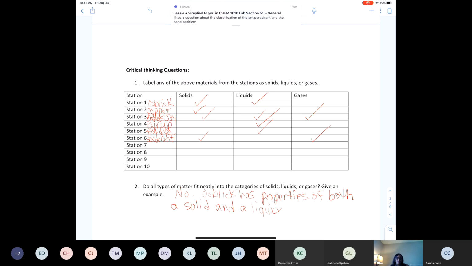And Jesse wants to talk about the antiperspirant and hand sanitizer. I'm inclined to agree with you on the gas part. And then I would even say liquid possibly, because when you rub it on, it doesn't feel hard or solid or grainy, or it doesn't have much of a texture like you would expect for most solids.